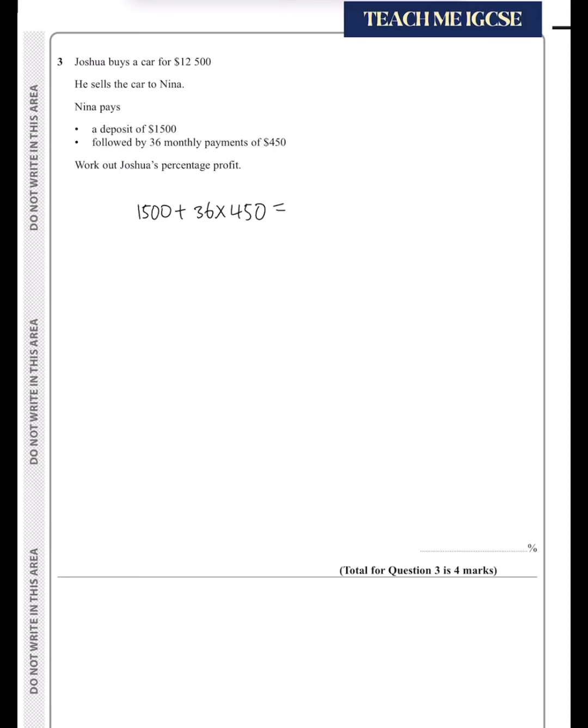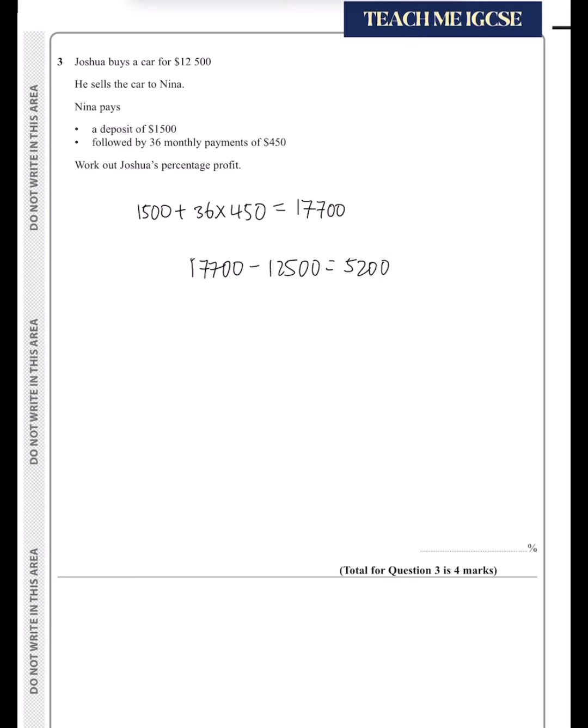And together it's 17,700. That's how much money Nina pays. Then we need to find the profit Joshua gets, which is this much minus 12,500, which leaves us with $5,200.